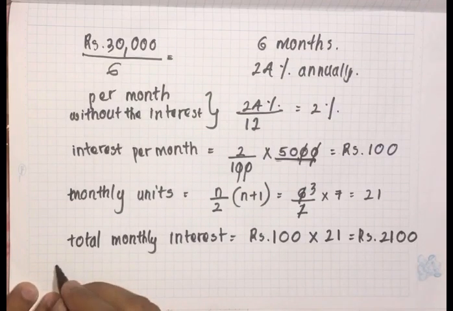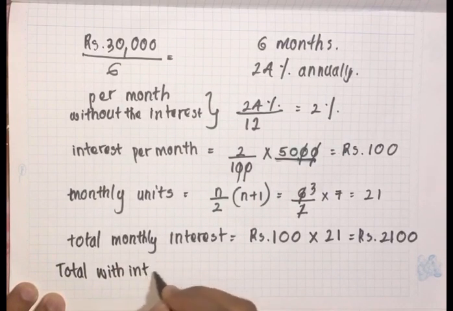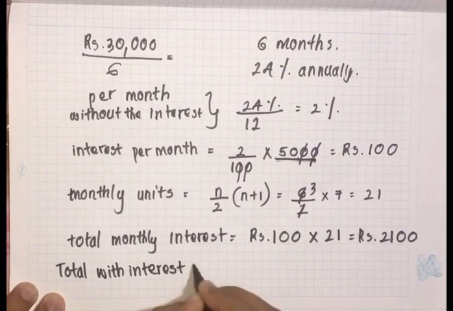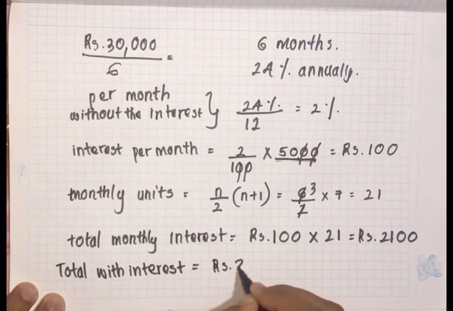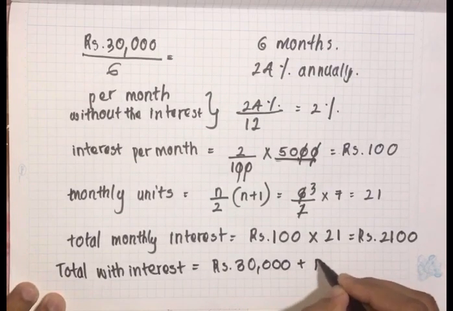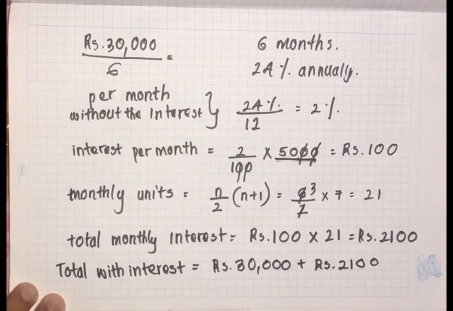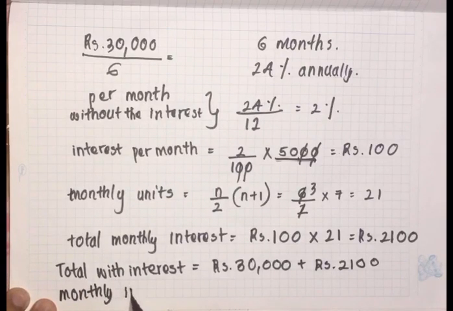Now total with interest. How much should you pay? Total with interest. You have 30,000 to be paid, plus now you have the total interest of 2,100. Now, let us say monthly installment.